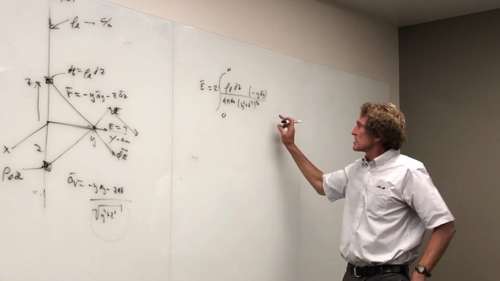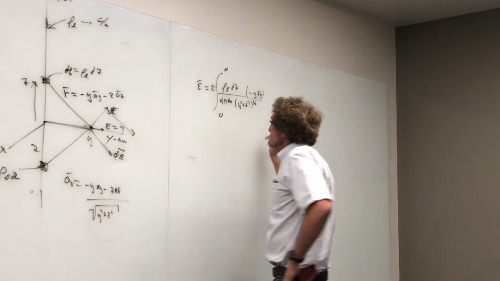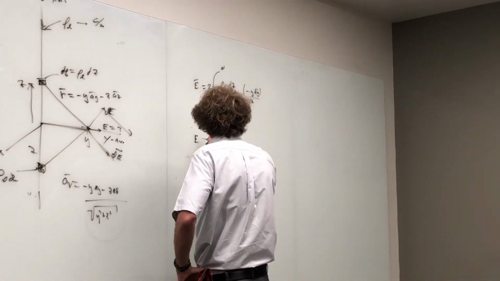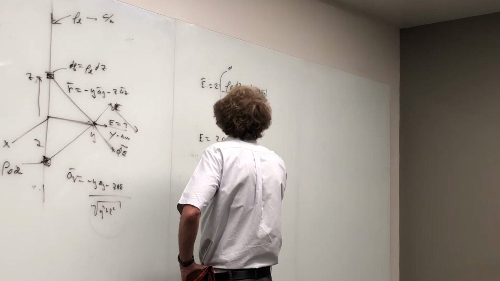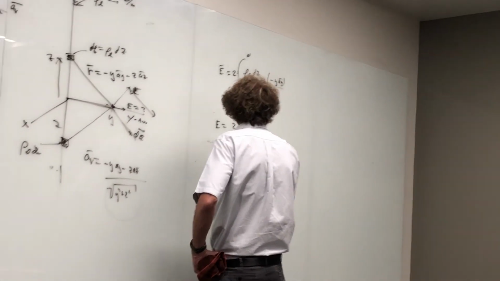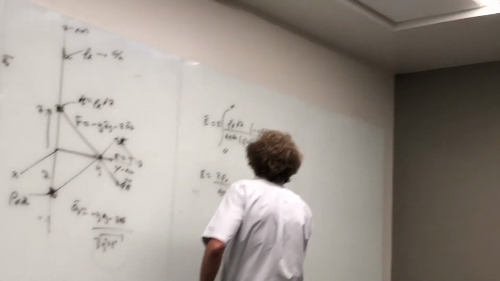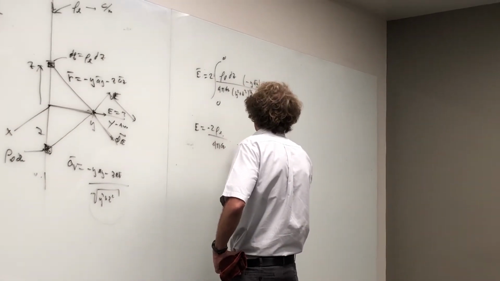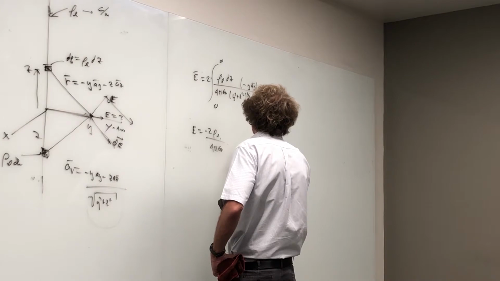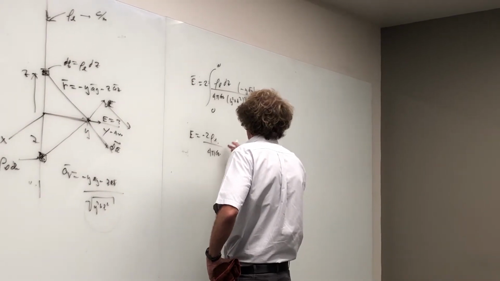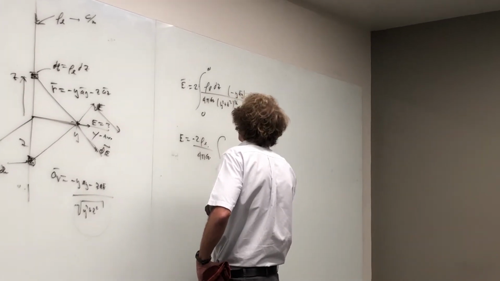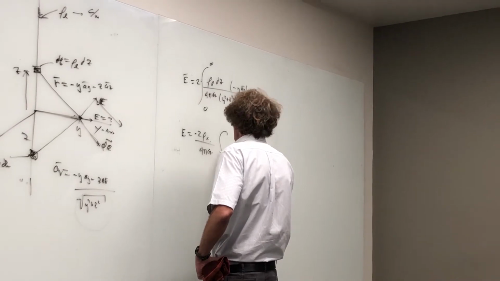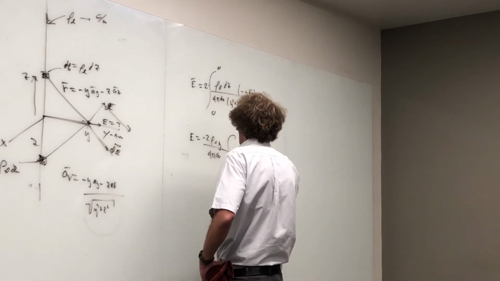So now I've got to do this integration. And when I look at this, I have E equal to 2 rho L over 4 pi epsilon naught, and then there's a minus sign here. And then I have the integration of, really the y is a constant, so y can come out front.